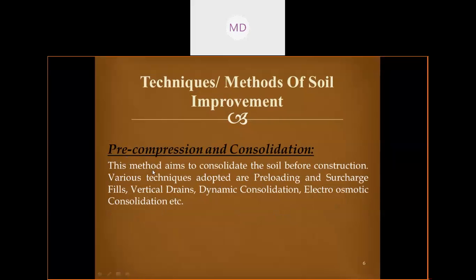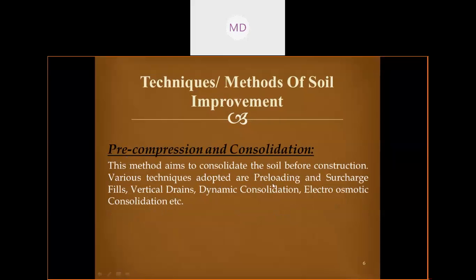So before the construction work is completed, this technique is to be applied, and there are various methods of doing this, like preloading, surcharge fill, vertical drains, dynamic consolidation, electro-osmotic consolidation, etc.